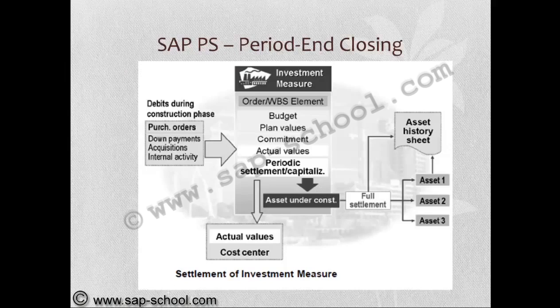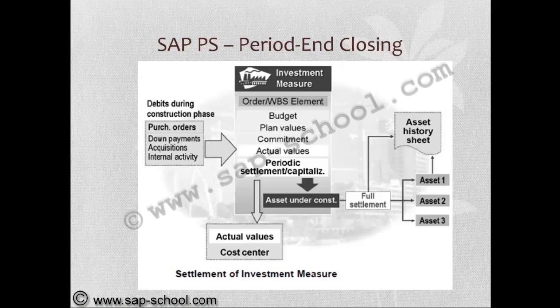So the settlement of an investment measure takes care of debits during the construction phase, that means the purchase orders, down payments, acquisitions, internal activity, and in the WBS element, budget, planned value, commitment value, and actual values.